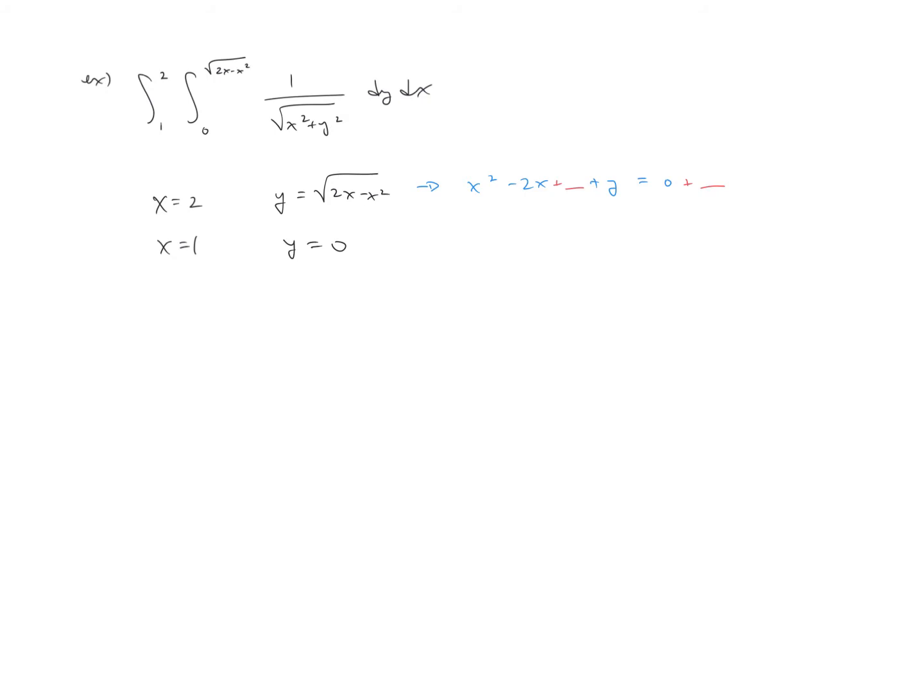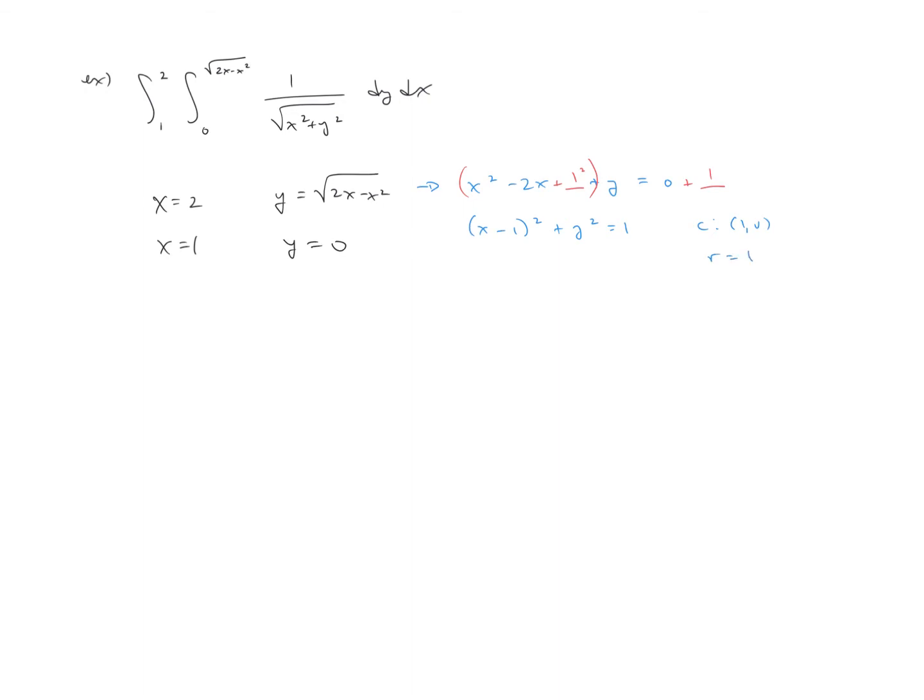Half of 2 is 1, and 1 squared. If I put a 1 on the left, I put a 1 on the right. And then if you look closely here, what we've just done is said that x minus 1 squared plus y squared equals 1. So here we have a circle with a center at (1, 0) and a radius of 1.